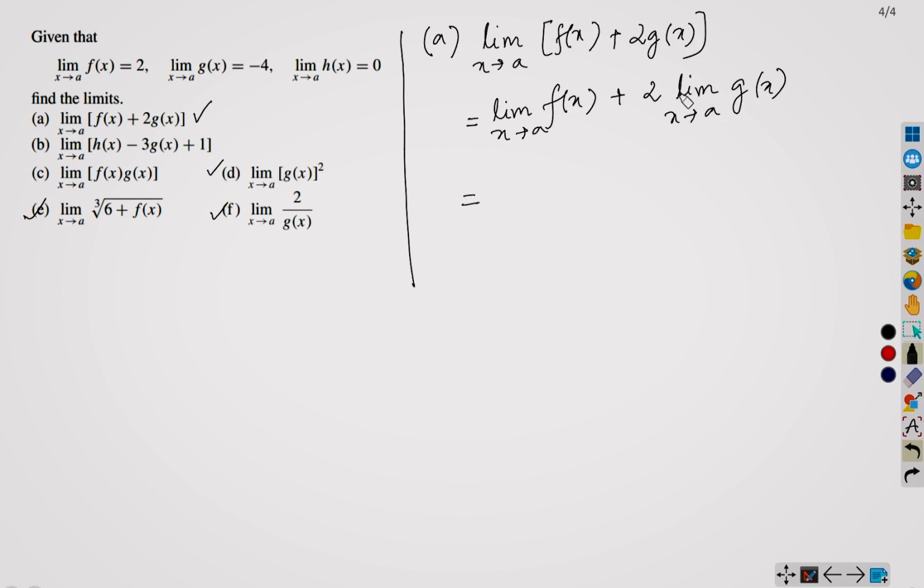Since both the limits exist, we can do this. Okay. Otherwise, we cannot do this. Let me write it down here. This is possible because both the limits exist.